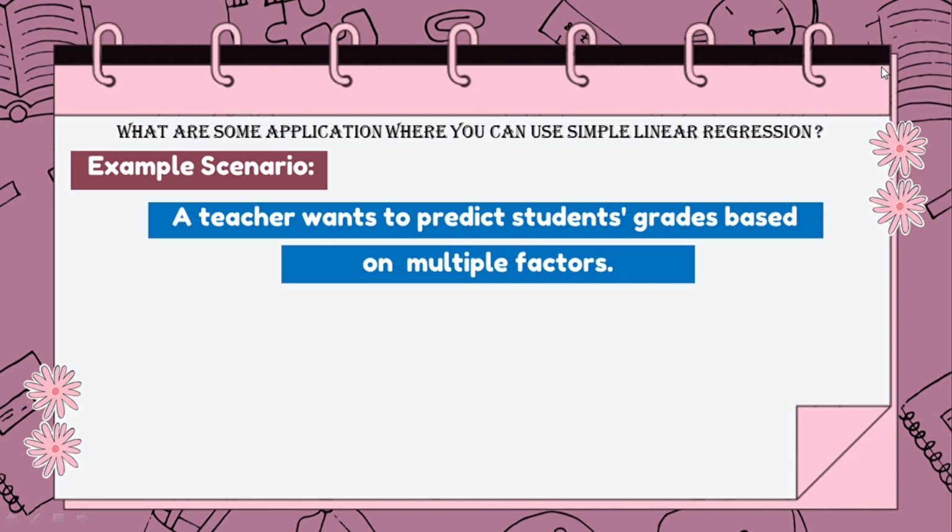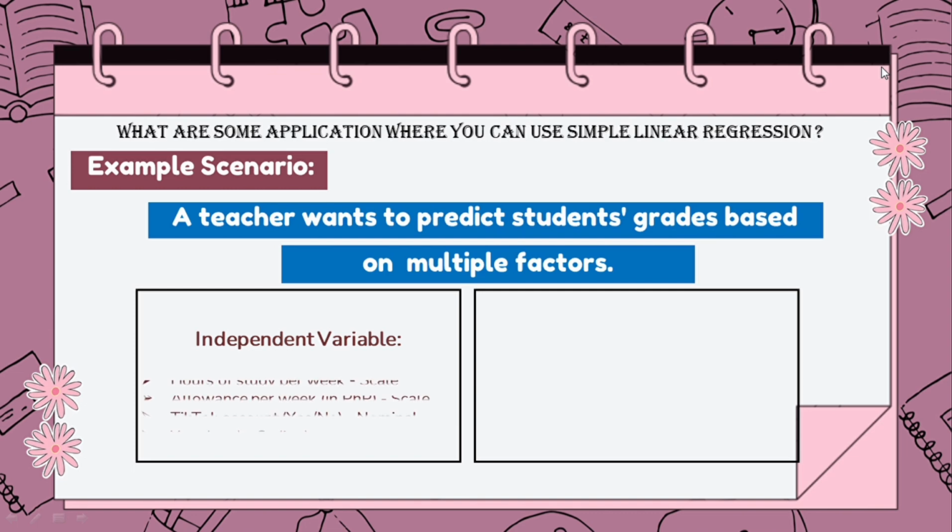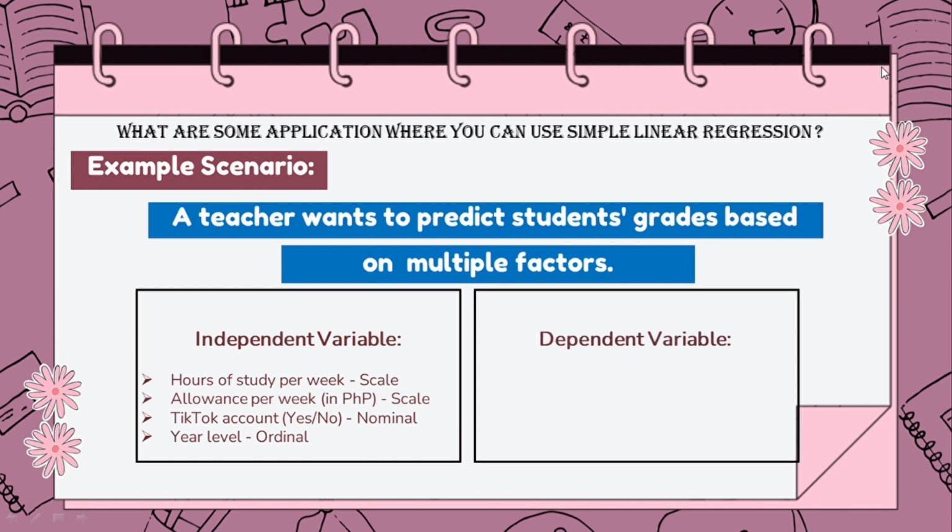We have two kinds of variables, the independent variables and the dependent variable. For the independent variables, we have hours of study per week, allowance per week, TikTok account, and year level, which is ordinal. For the dependent variable, we have the average grades.